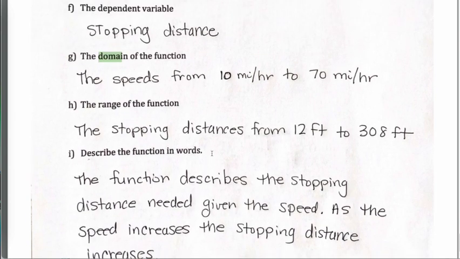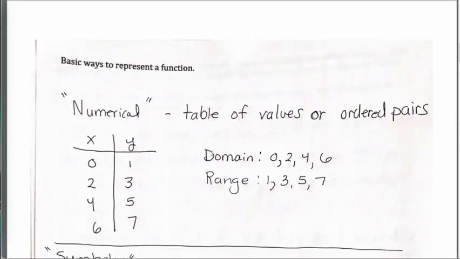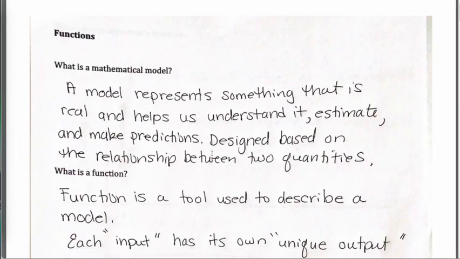Now, a quick summary of what we talked about. Let's go back up to the top again. We have mathematical models that we use to represent some kind of real-world situation. And we use functions as a tool to do that. Functions can be tables, graphs, equations, or written in words.